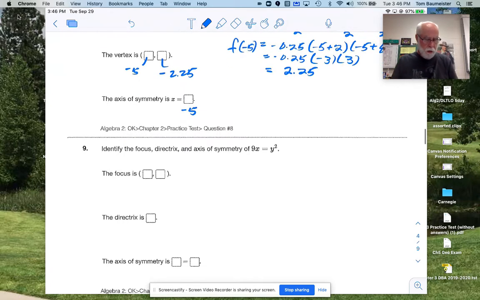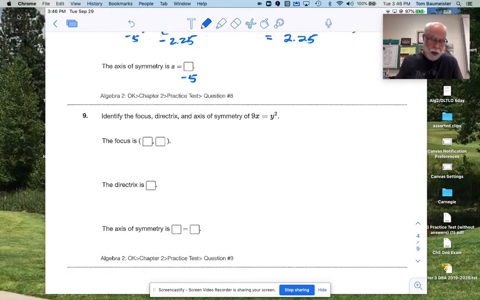Number 9, identify the focus, directrix, and axis of symmetry of 9x is equal to y squared. Remember, you have to solve it for the variable that does not have a square on it. So on this one, we're going to say that x is equal to 1/9 y squared.